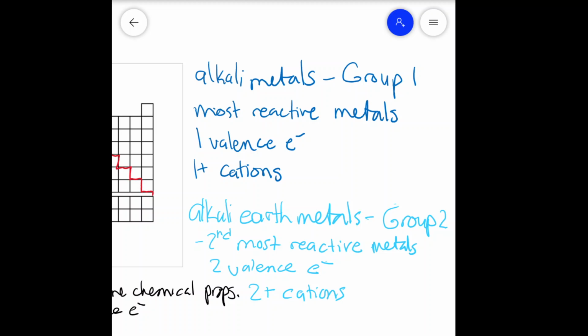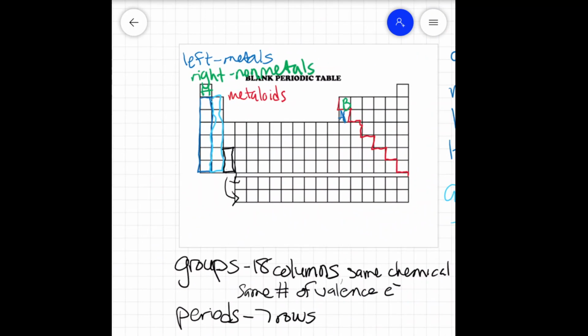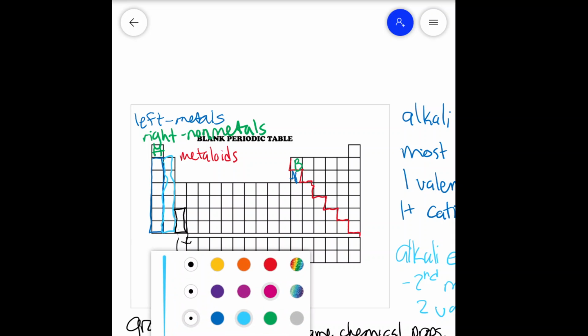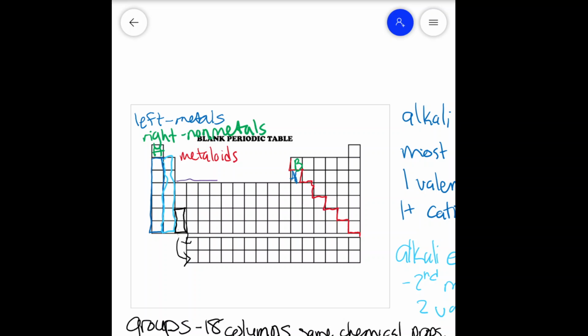And so again, just like the alkali metals, they just have 2 left on that last shell, so they're going to get rid of those 2, so then they have more protons than electrons, so they'll form cations.